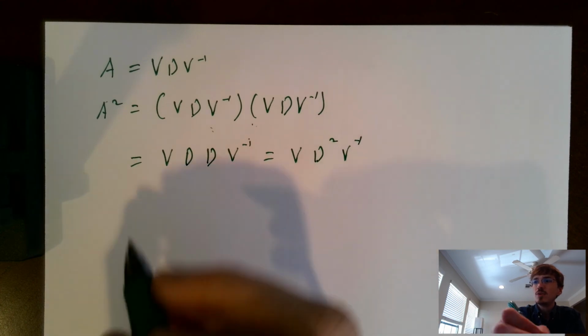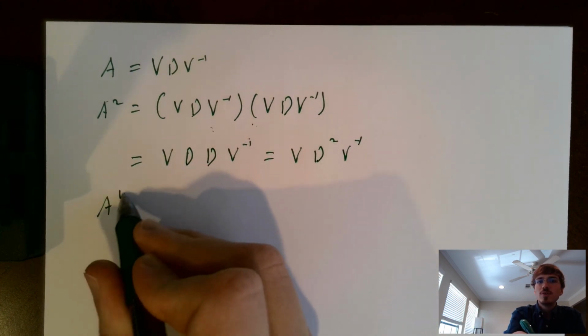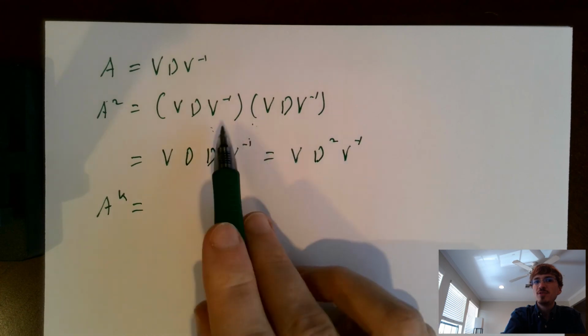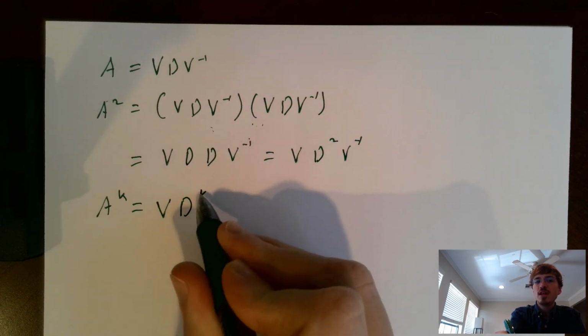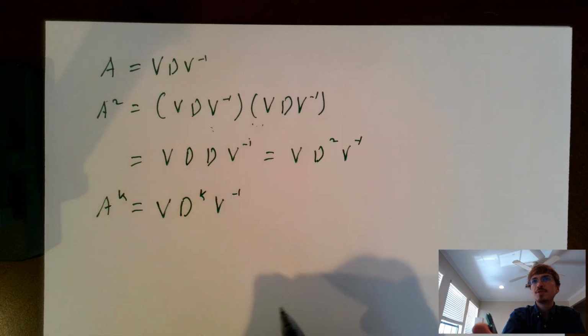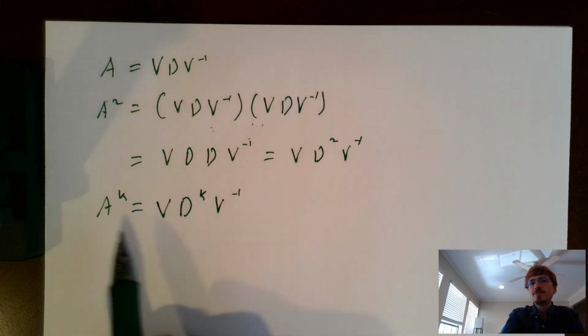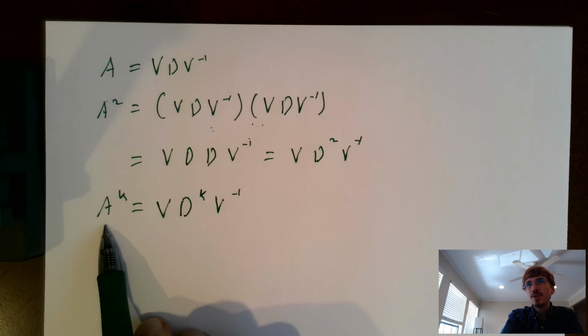And this is kind of cool. In general, what's A to the K going to be? All the interior V inverse times V's will cancel, and we'll be left with V D to the K V inverse. And this is super nice. If you have a 1 million by 1 million matrix, how would you raise it to the 100th power? It's terrible, right?